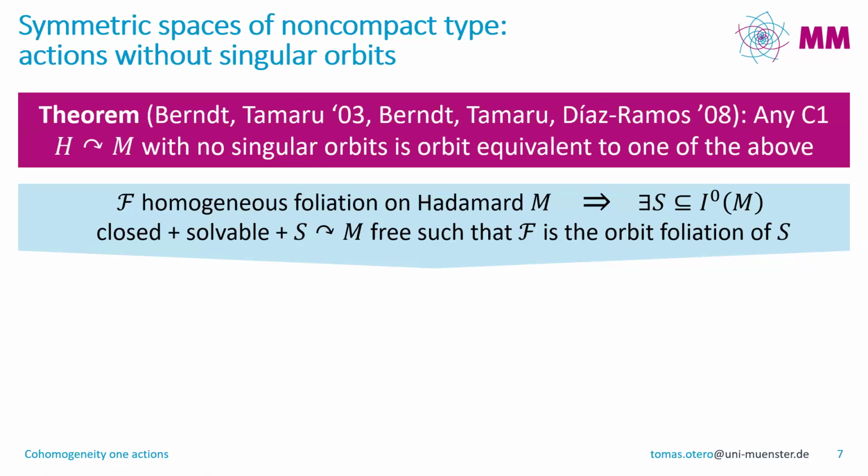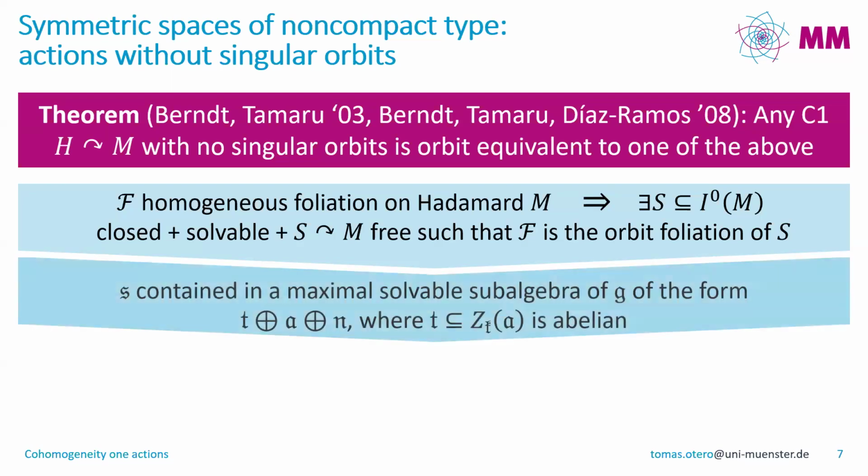It is a closed subgroup of the isometry group. It is solvable. The action of S on M is free. And more importantly, S has the same orbits as your original group. So somehow you take a smaller, nicer subgroup, which still gives you the same orbits.